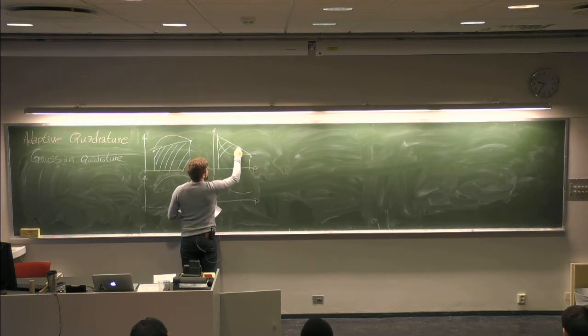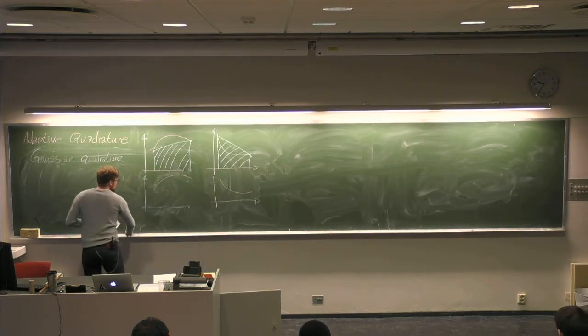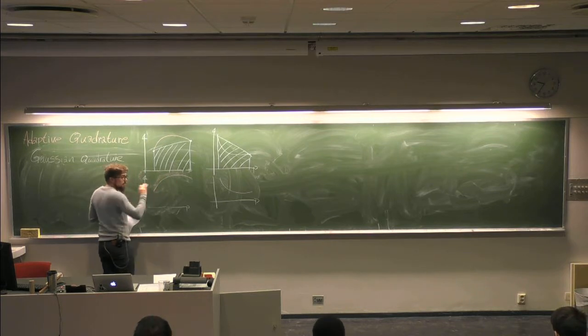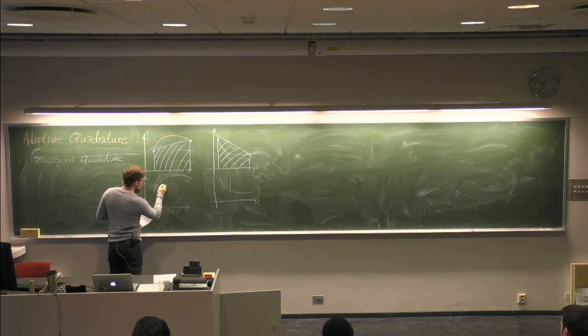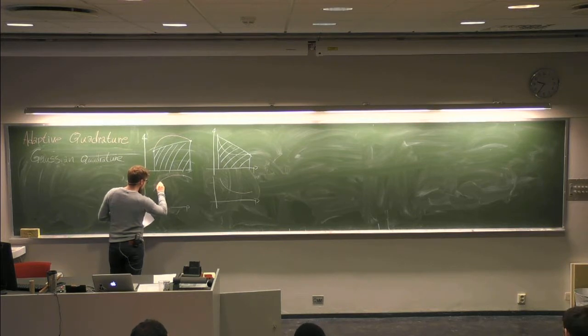Now the thing with Gaussian Quadrature is that you want to pick some different numbers, not the endpoints. So it, for instance, could be this one and this one. And you will get a line going like so.